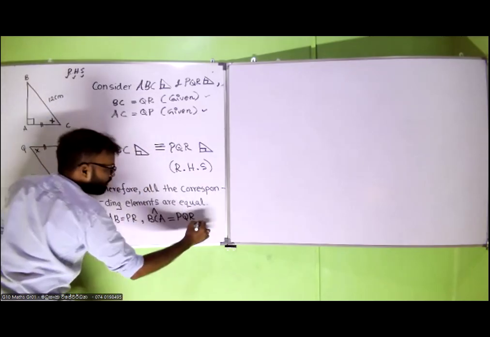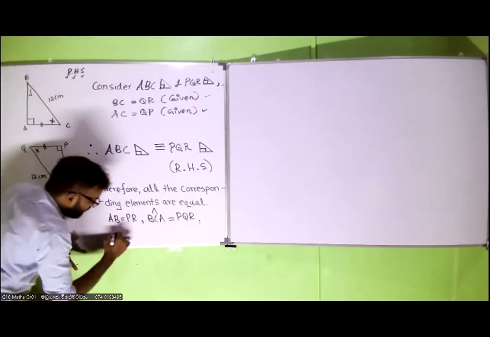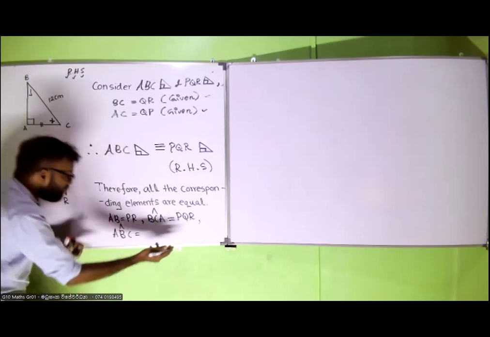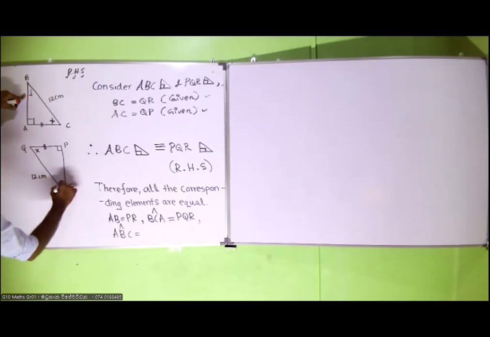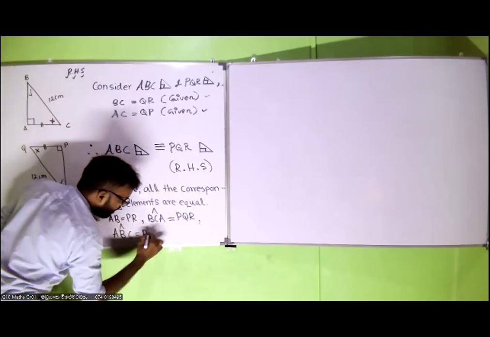Then what is the other one? Angle ABC equals which angle? Definitely it should be this way. 90 degrees, 90 degrees, so angle PRQ. Done.